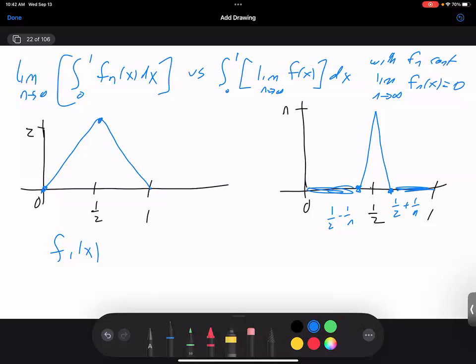Looks continuous to me. What's the other condition? Well, this is clearly non-negative. But the limit is supposed to be 0 at every point. If I take this to be my nth function, is it converging to 0 at every point? Where does it not converge to 0?